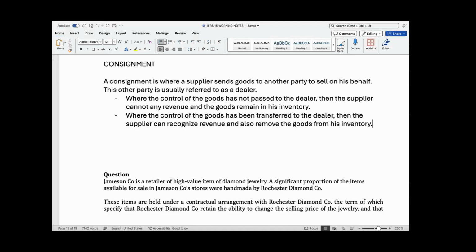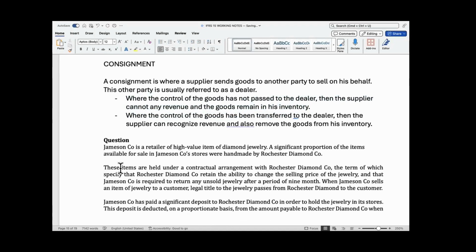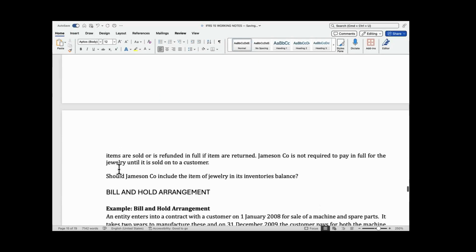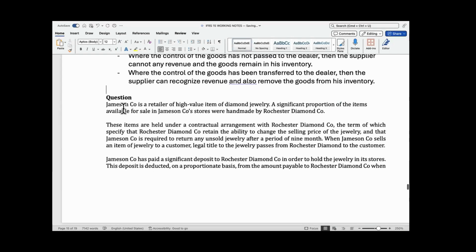But in the exam, they will give you a question like this. If you look at this question, it says Jameson is a retailer of high value items of diamond jewelry.